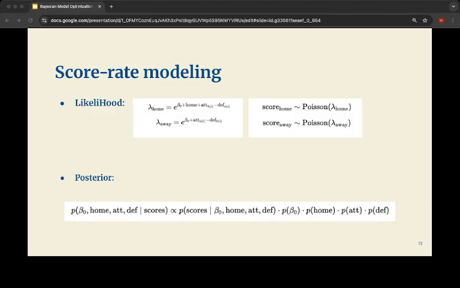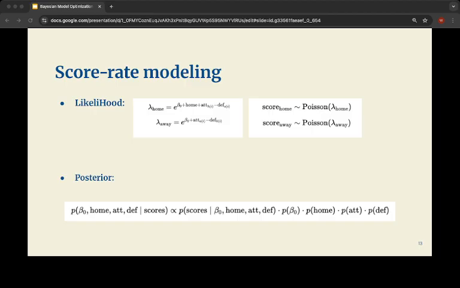And we're using the exponential for this model because the Poisson distribution requires a positive goal rate. Well, that's a very straightforward answer.